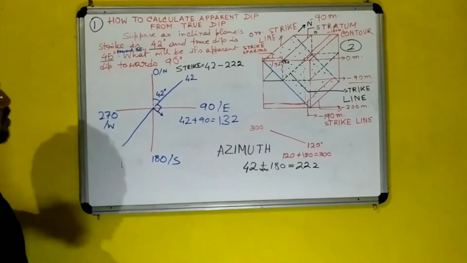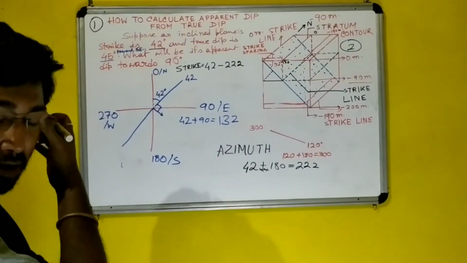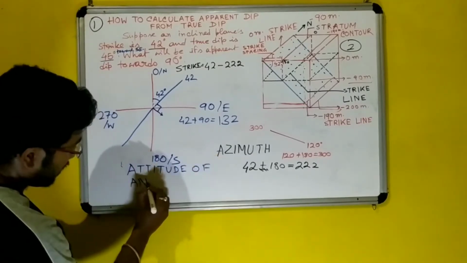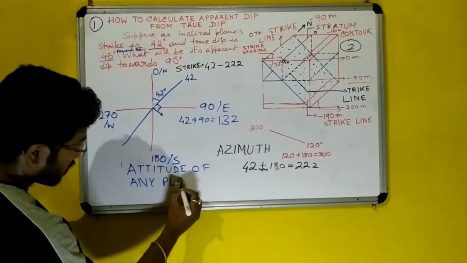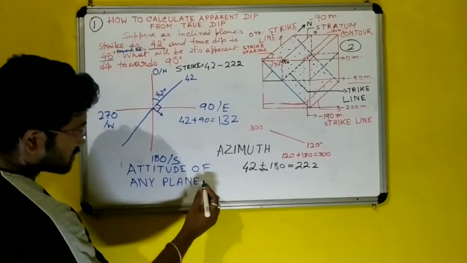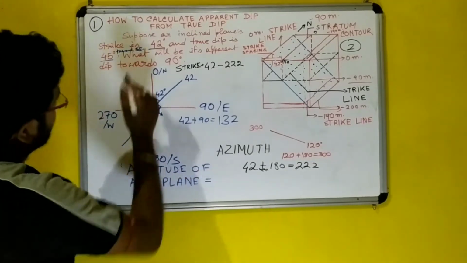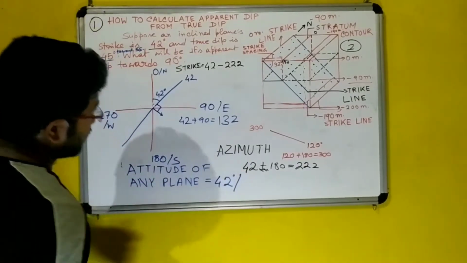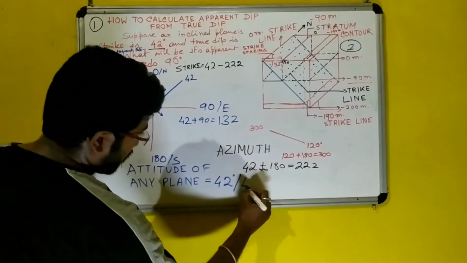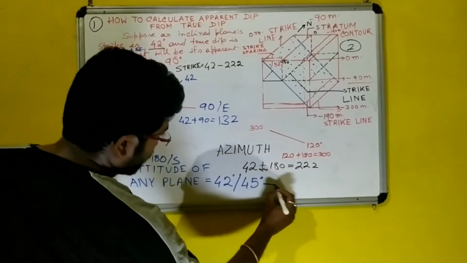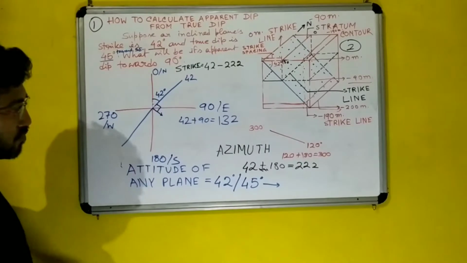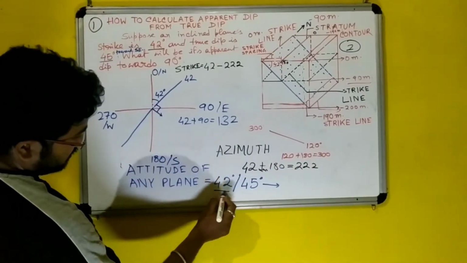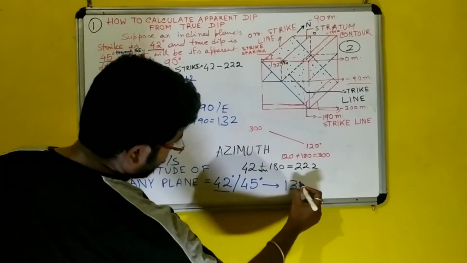So the attitude of any plane is generally represented by one end of its strike, like 42 degree, the true dip amount, which is 45, towards its true dip direction, which is exactly perpendicular to the strike.